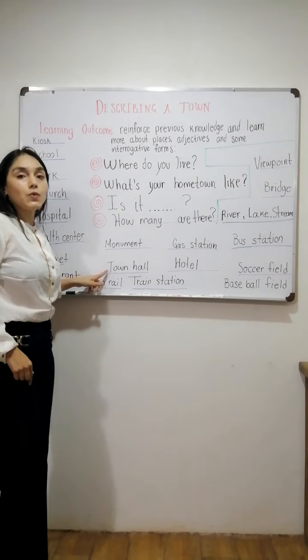Now we have the question, where do you live? Okay, and this is a simple question. Let's see the answer. You can say, I live in... Let's say an example. Where do you live, guys?